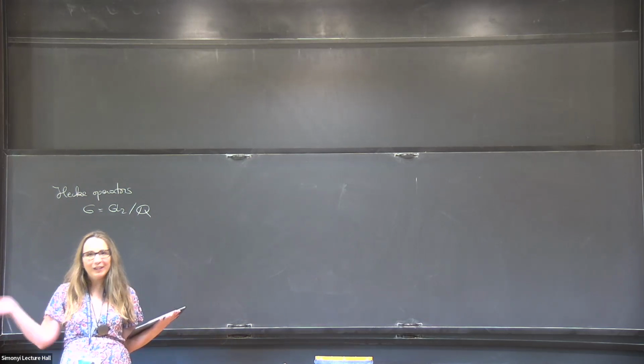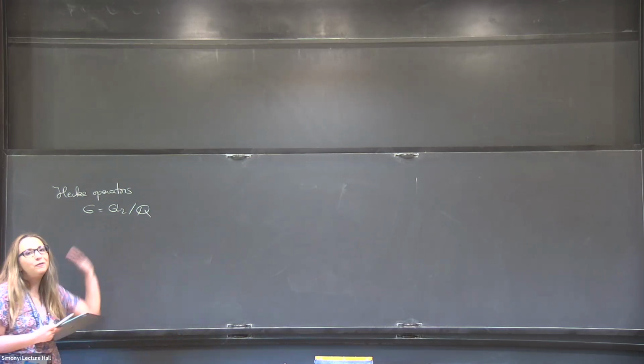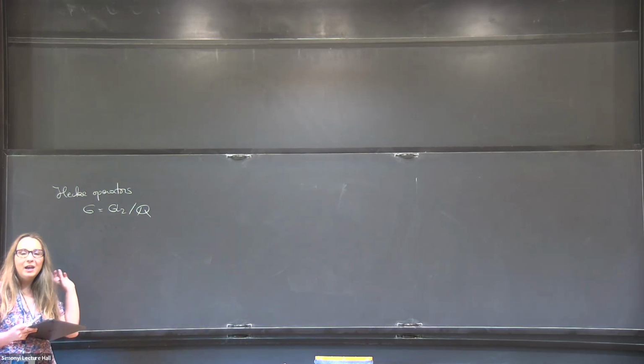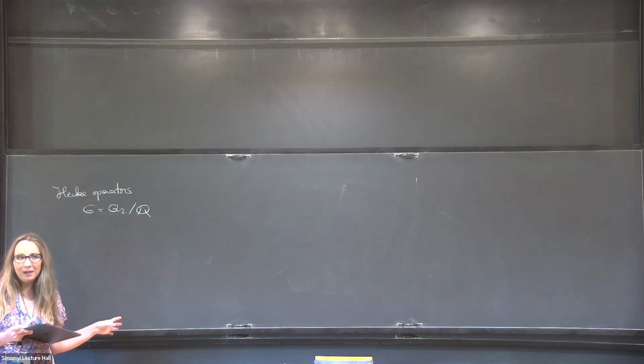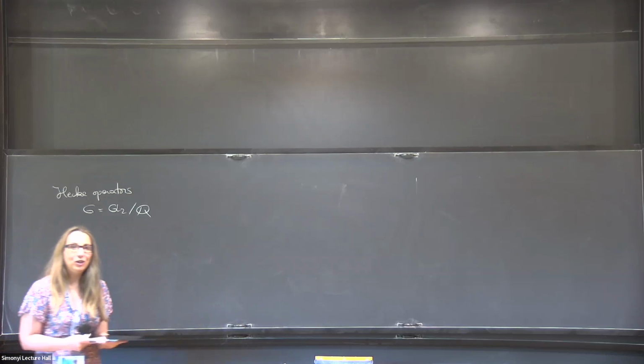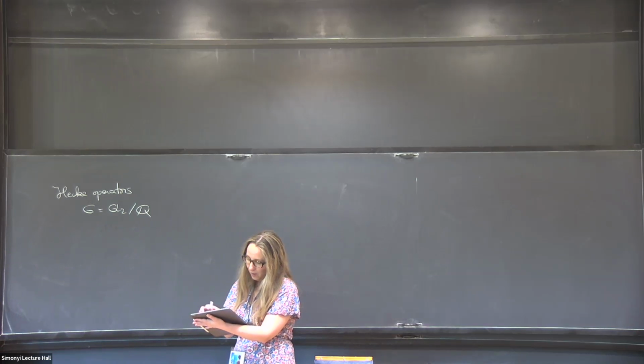You can work with a connected reductive group, or you can specialize to your favorite example. But what I'm telling you does generalize pretty much in the way in which I will describe it.